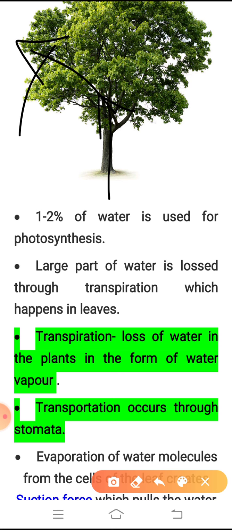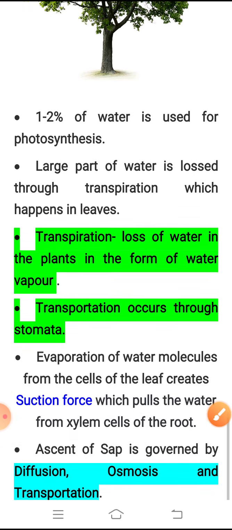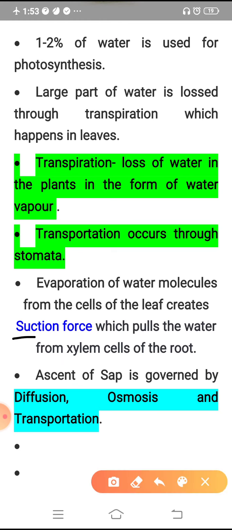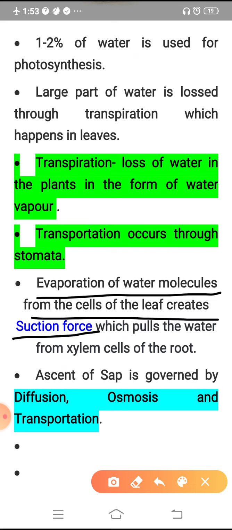Now the leaves are losing the water. As a result of the loss of water, there is a force which is created in the leaves. That force is called the suction force. Evaporation of water molecules from the cells of the leaves creates the suction force.